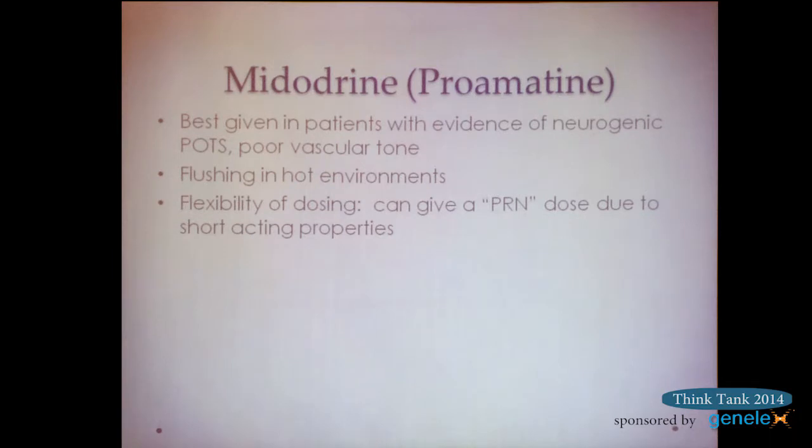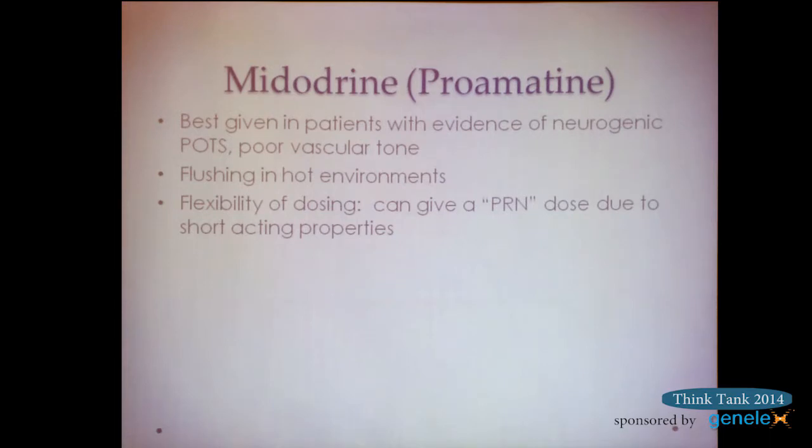This is best given in patients with evidence of neurogenic POTS and poor vascular tone. They usually flush in hot environments, so they need that vasoconstrictive effect to control that. And the nice thing about the short-acting nature of this drug is that you do have some flexibility in the dosing schedule, so you can give a PRN dose.